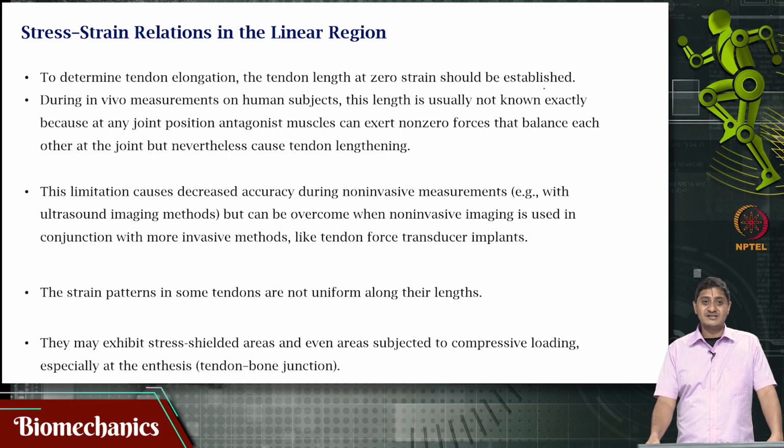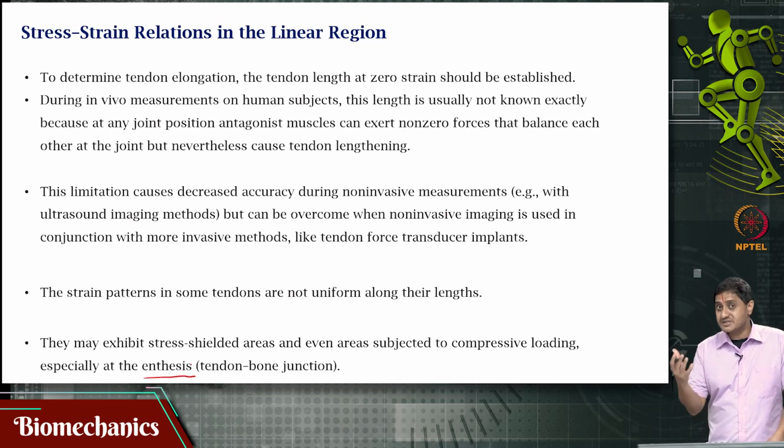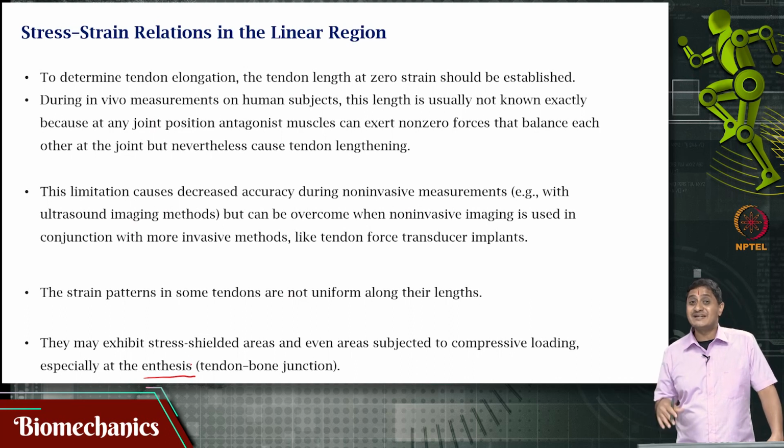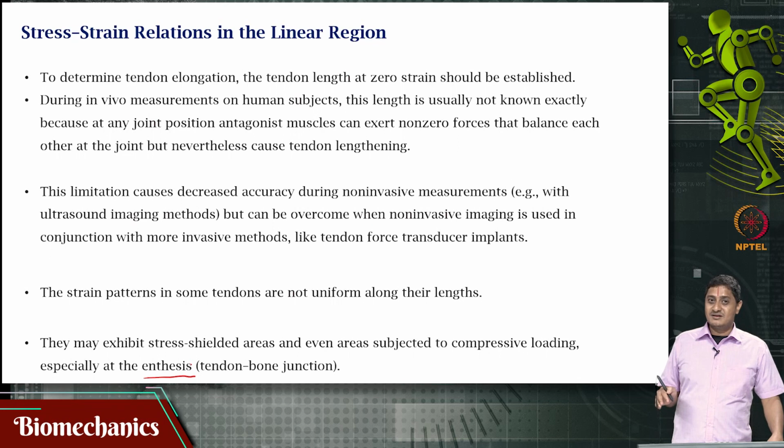because some of them may exhibit stress shielded areas, or some may be areas that are subjected to compressive loading. For example, the enthesis is the point at which the tendon connects to the bone, the junction of the tendon and bone. At these points, properties are likely to be very different from the rest of the tendon. So, there are many things.